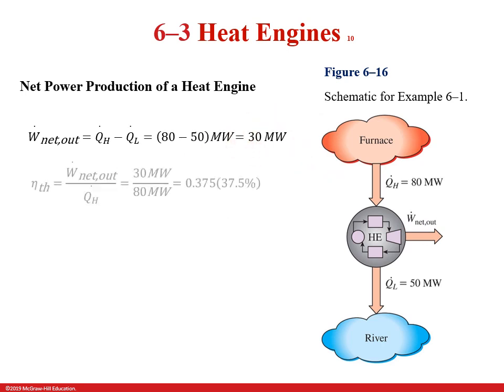You can also write efficiency with respect to those rates, as long as it's per some unit time, joules per second, kilojoules per second, megajoules per second. So you have 30 megawatts over 80 megawatts, which gives you an efficiency of 37.5 percent for this process.